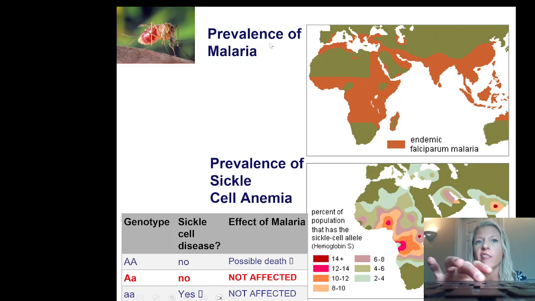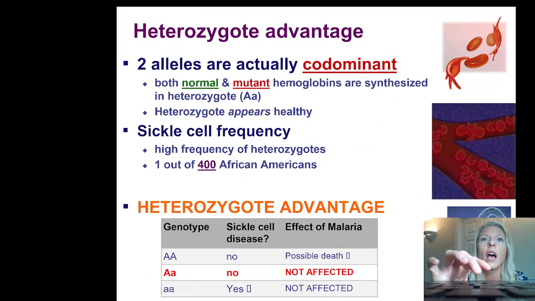If you look at the prevalence of malaria and sickle cell anemia, they overlap quite well. We're talking about sickle cell right now: if you're a carrier of sickle cell, you will not get severe malaria. This is known as the heterozygote advantage.